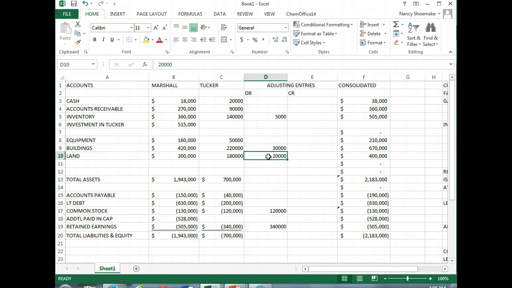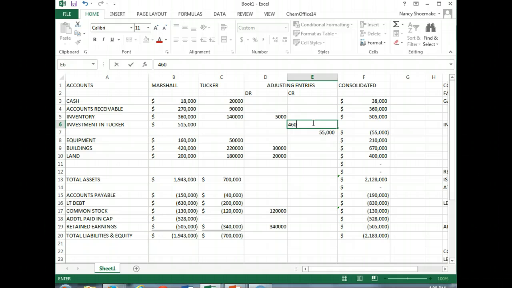So the 30, the 20, and the 5 go against the Tucker investment of $515 to record $55,000 adjusted for the fair value. Now the next thing we need to do is show wiping out the stockholders' equity section of Tucker by zeroing the 120 and the 340, which gives me 460.